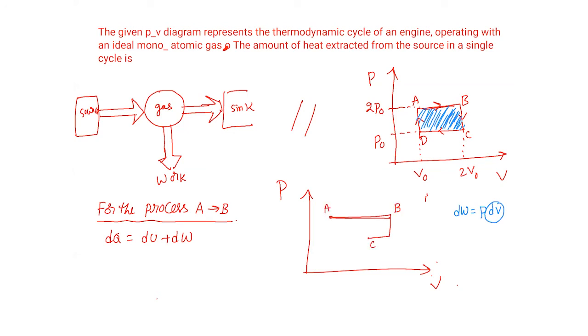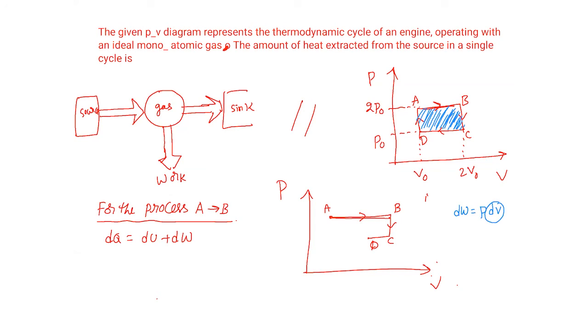A to B, B to C, C to D. Now, how to calculate work done? It's not a cyclic process. So in this case, children, when the process is not cyclic, when the curve is not closed, find out which is the initial point.